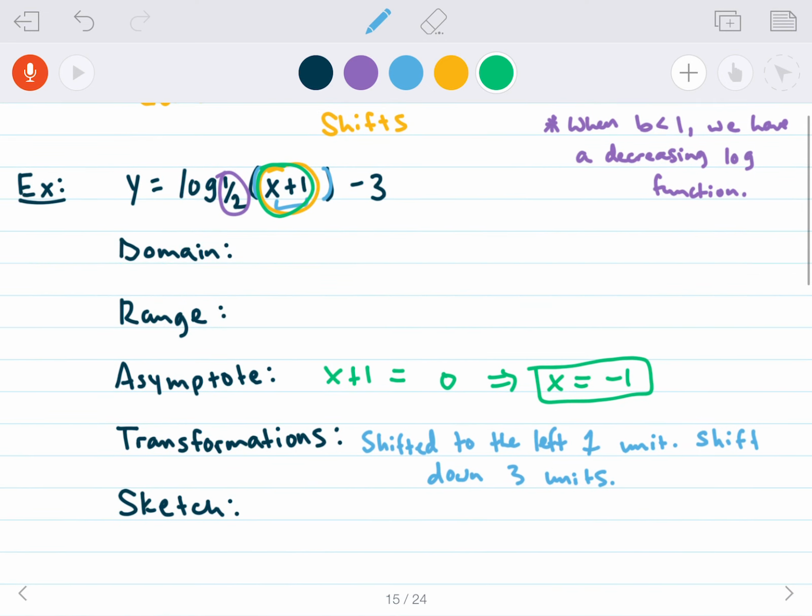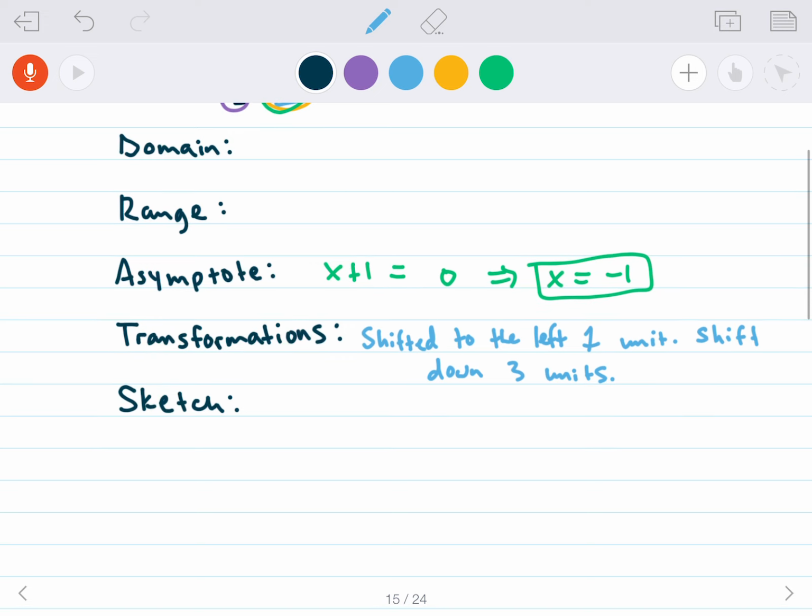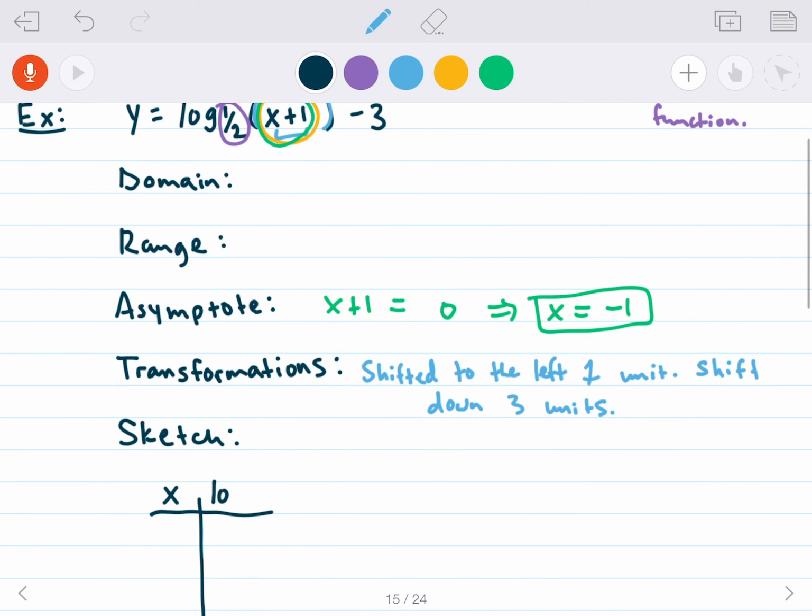And let's get a little t-chart going so we can get our sketch and then talk about domain and range. So we have x, and then we have log base 1/2 of x plus 1, minus 3. The first key point is the asymptote.